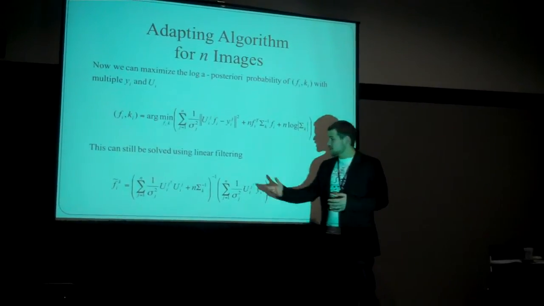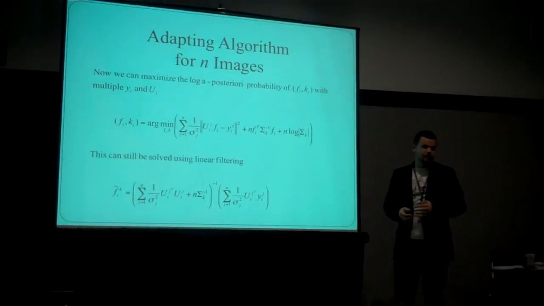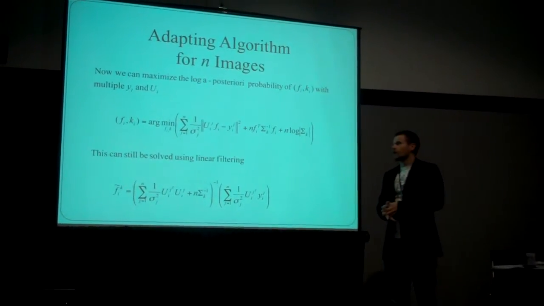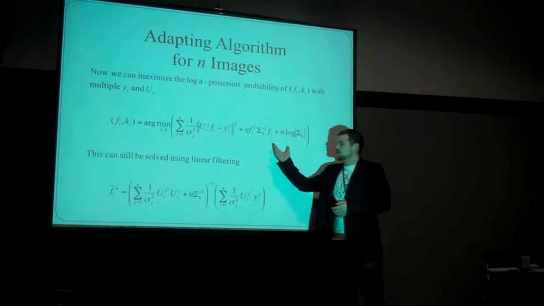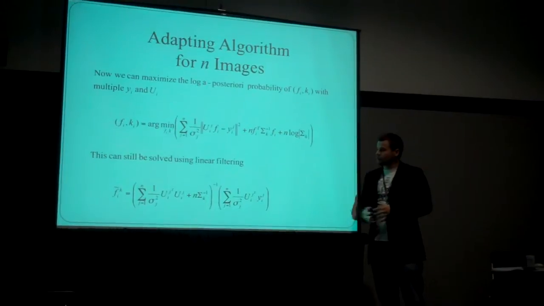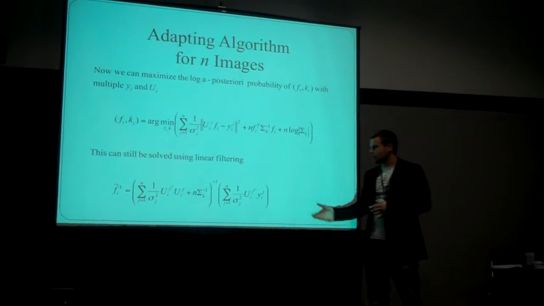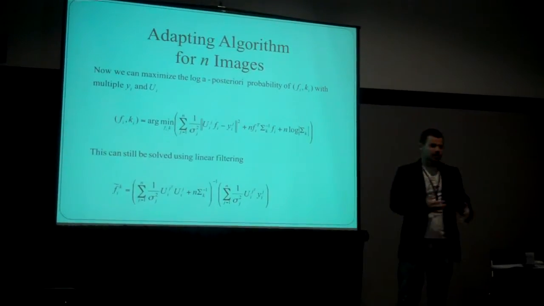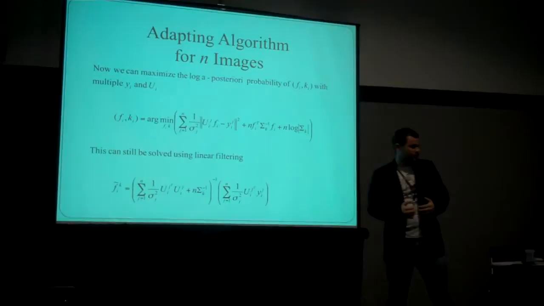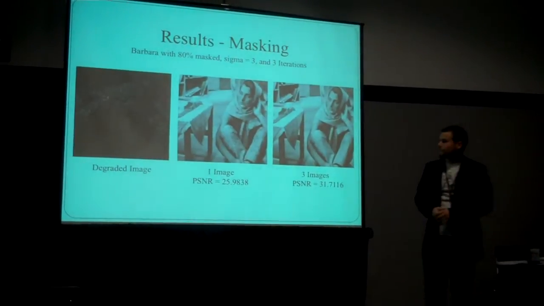The expression turns out to be very much the same, with the addition of summing over the inverse of the square of the noise level, plus using the number of images as sort of a weighting factor. And again, solving for our clean patches F can be done using a linear filter, which is the same way that we did it before. It's just, again, with summations for each one of our different degradation operators and different noise levels.